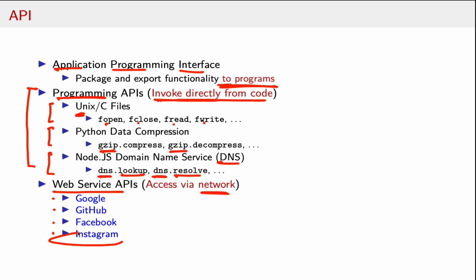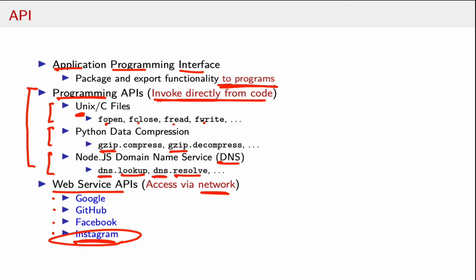So instead of you going to an Instagram web page and typing information into a form or clicking on buttons in the web interface, you can refer directly to the Instagram API and send requests from your programs to ask Instagram to post things, to retrieve things, to give you information about the status of various resources that are defined in that context.